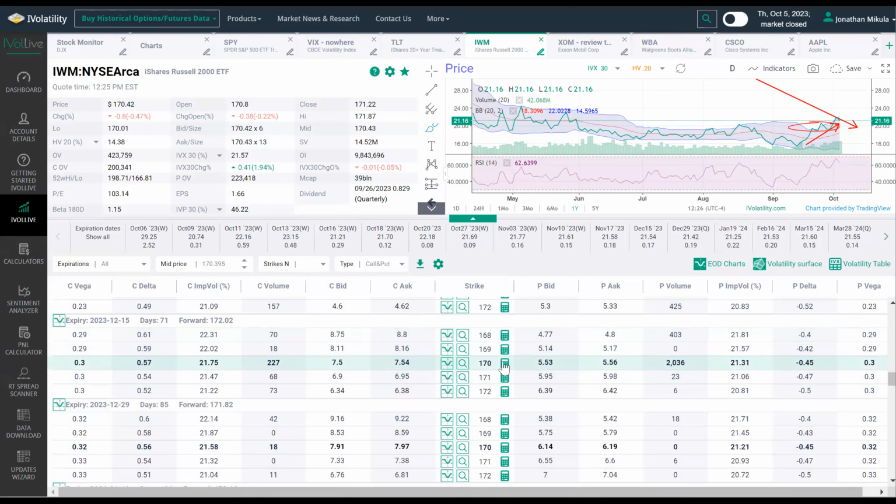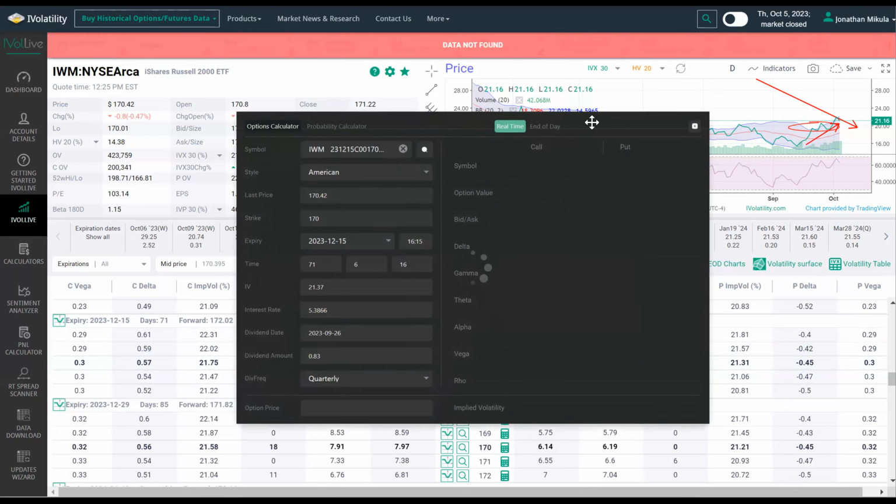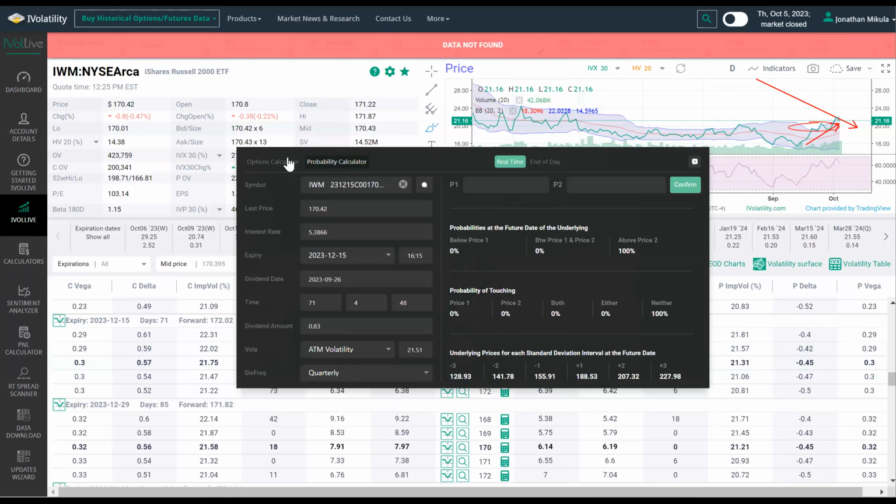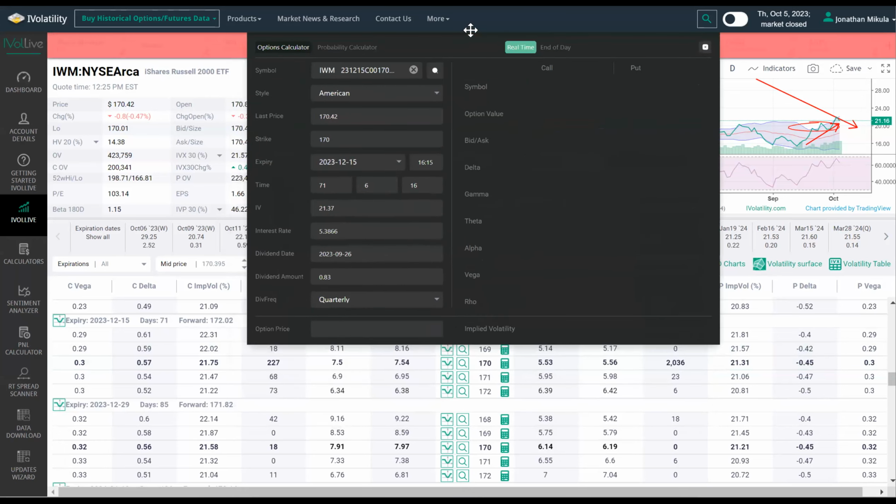So the next step in my methodology is I look at the money, right? Because at the money has the most ideal pricing, maybe if I'm selling, but also allows me to analyze, should I be going put, call, or spread? What I like to do is pull up our recently revamped calculator tool.